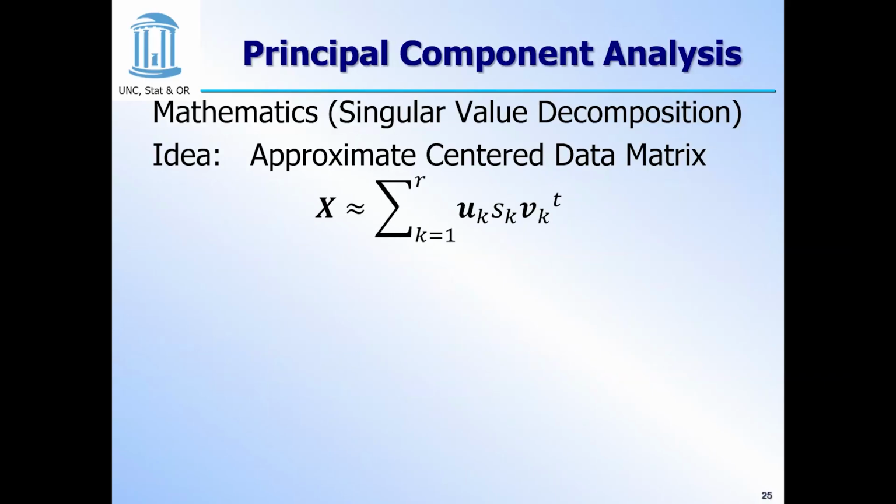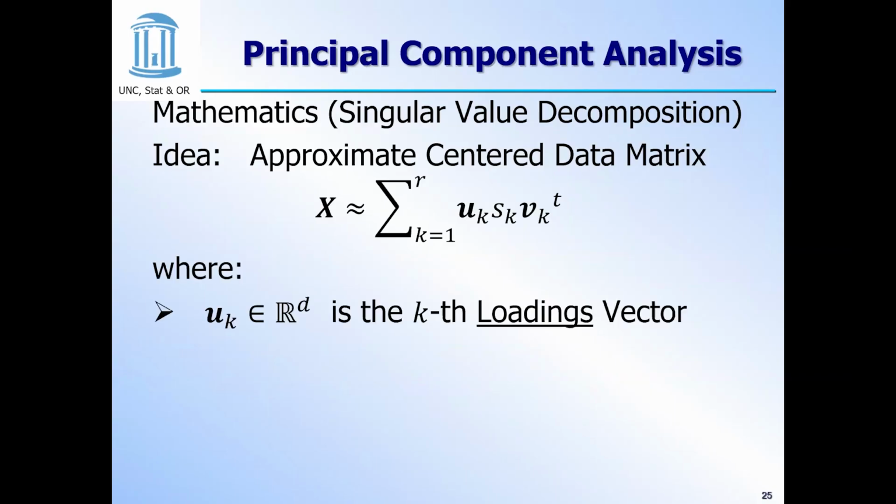Okay, now let's take a little bit deeper look at the mathematics of principal component analysis. A really nice way to do it is to take the centered data matrix and write it as a sum of rank 1 matrices. My notation is U_k is going to be the kth loadings vector that lives in the d-dimensional space. S_k are singular values.